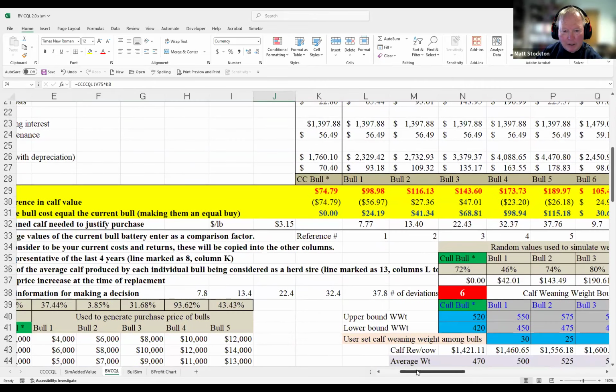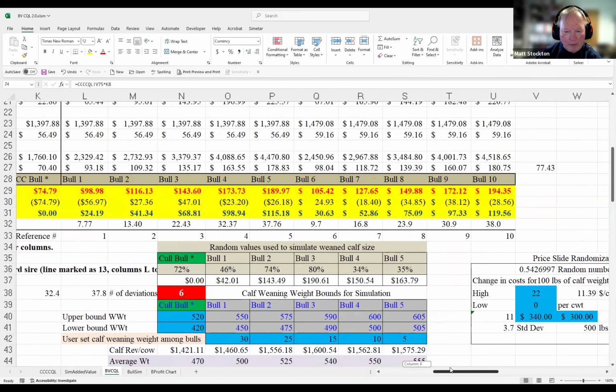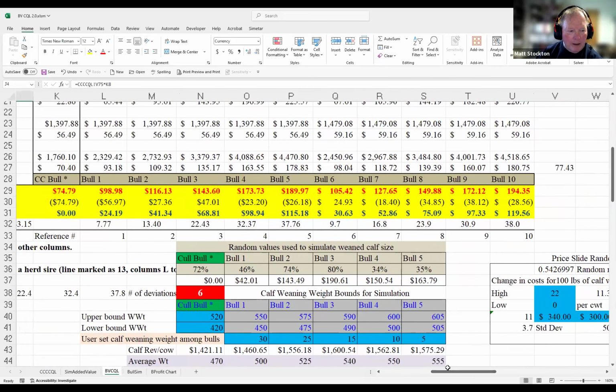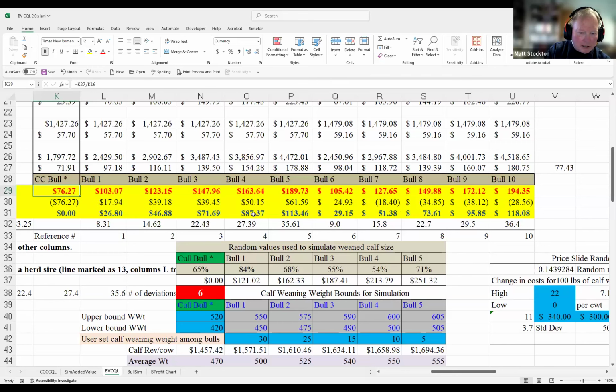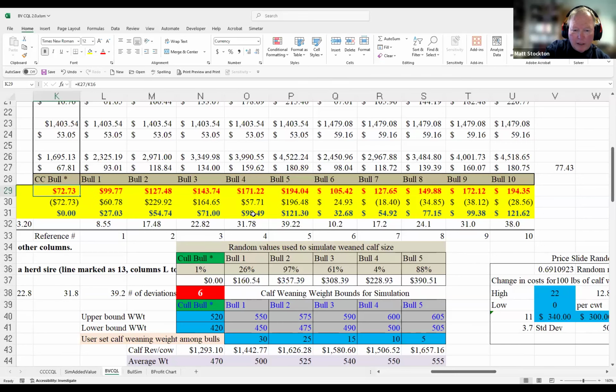Now, this number here in the yellow, after you put this information in the bull sheet, tells you how much it costs per calf using that bull. So you could compare a bull's value based on how much he's costing you. For example, when I press F9, you'll notice it changes, but you'll notice that the average one doesn't.